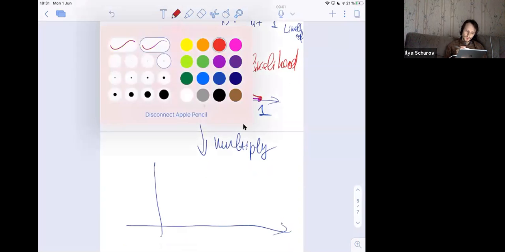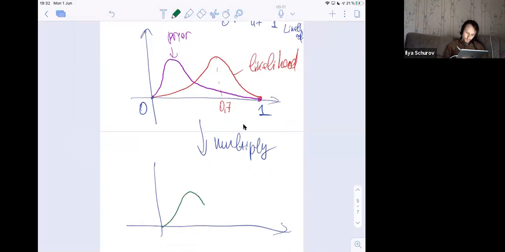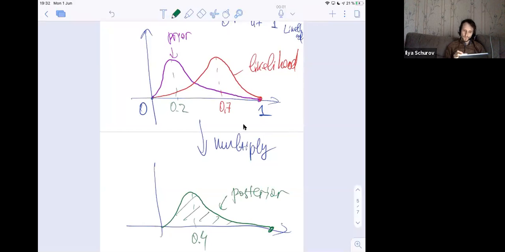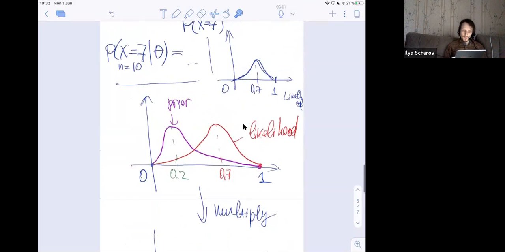So our posterior can look something like this, something in between. For example, let us assume that here we have 0.2 and here we have 0.4. So this is our posterior. What does it mean? We had some prior, and then we observed data that says that the most probable value of theta is 0.7, this one.